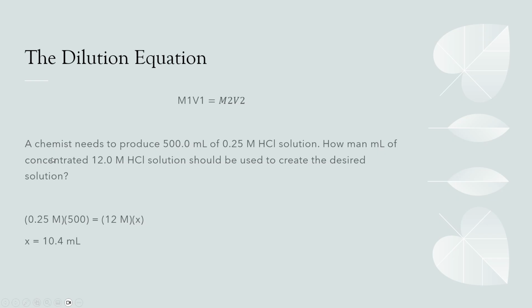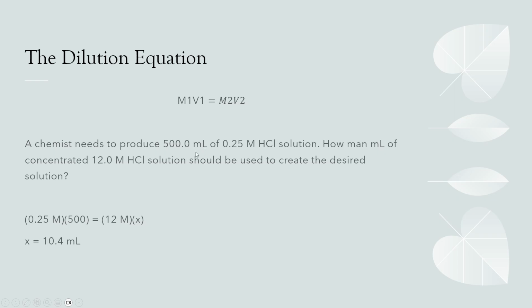Well, first we're given a first scenario, 500 milliliters of 0.25 molarity. So that we can put into molarity and volume. So our molarity will be 0.25 molarity times 500 milliliters. Now for this problem, we don't have to turn milliliters into liters.